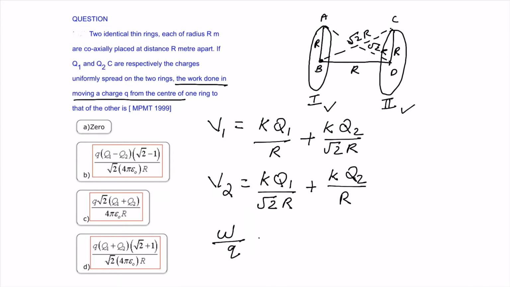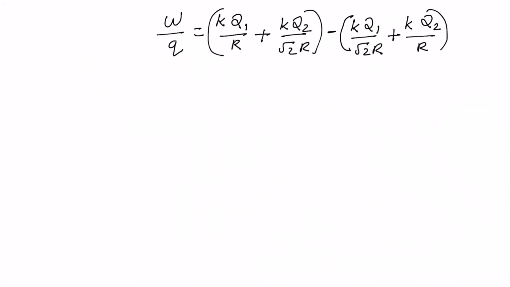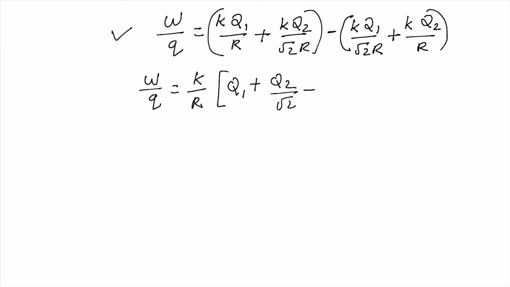W by Q is equal to change in potential difference, right? Or we can say V1 minus V2. On substituting, we will get the equation like this. Then W by Q is equal to, I'm taking K by R outside, then it becomes Q1 plus Q2 by root 2 minus Q1 by root 2 minus Q2.